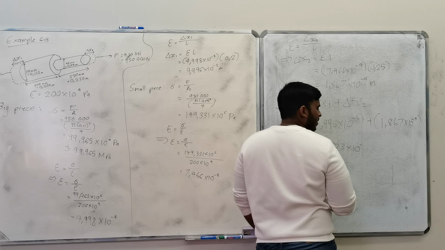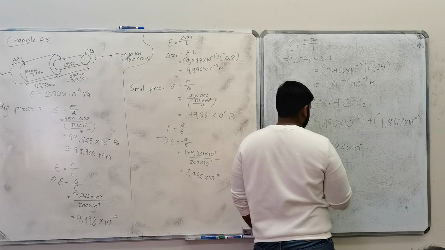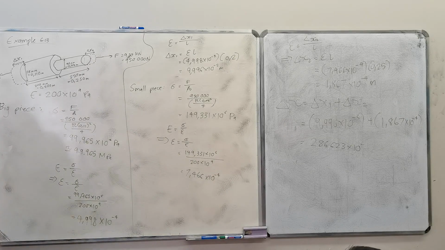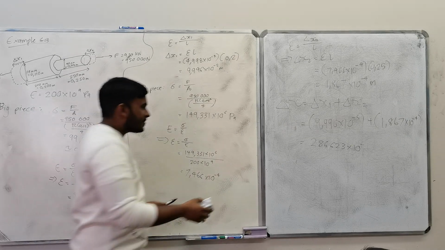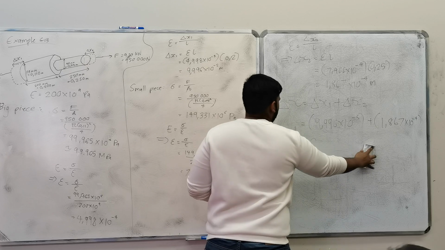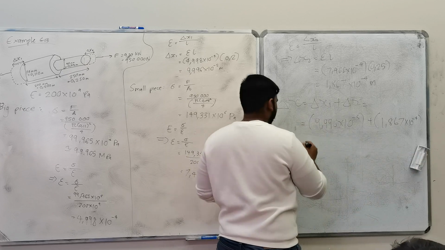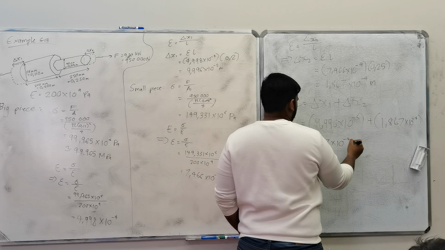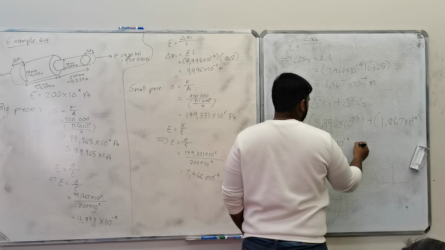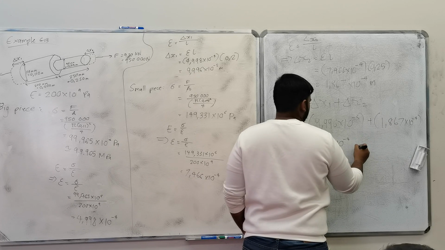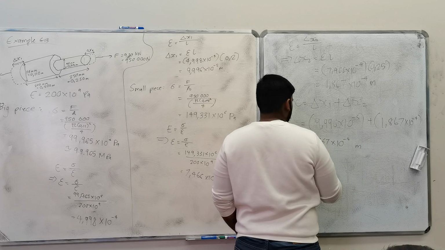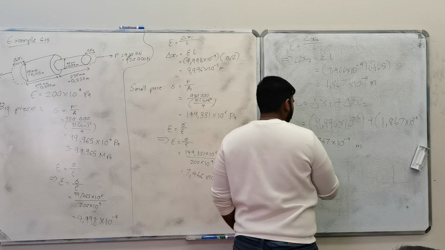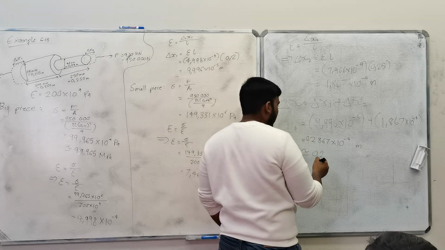I mean minus 4. 2.867 times 10 to the minus 4. Multiply by 1,000. Where are you getting the 2 from? It can't be 2, it's 1.8.